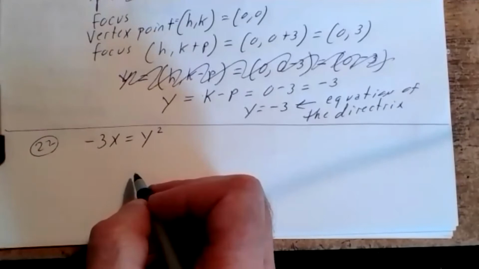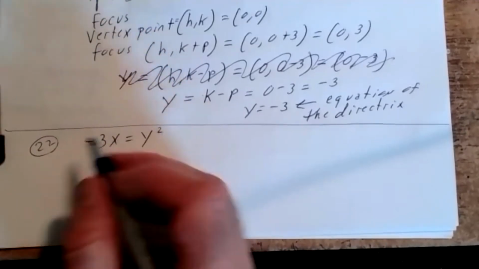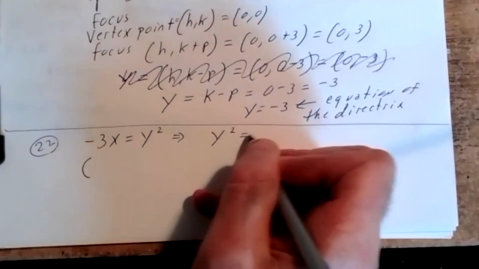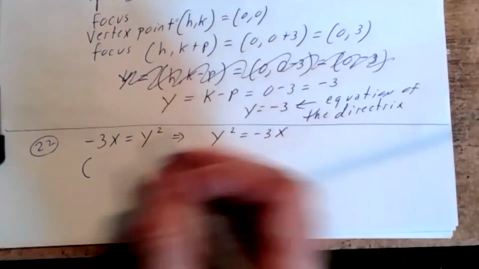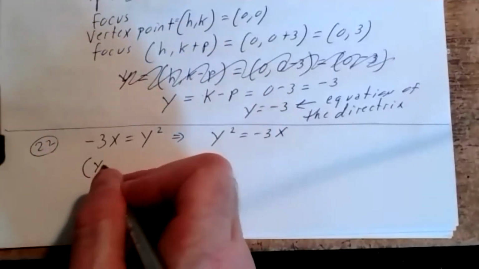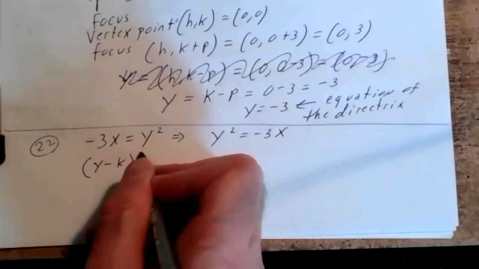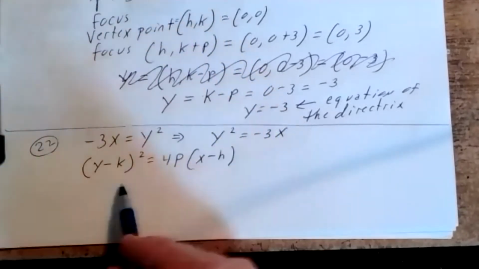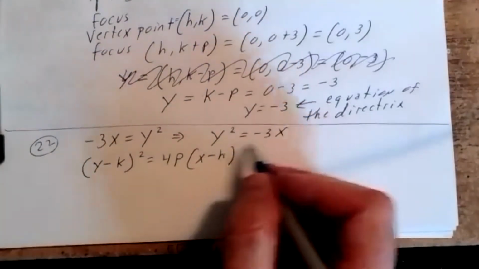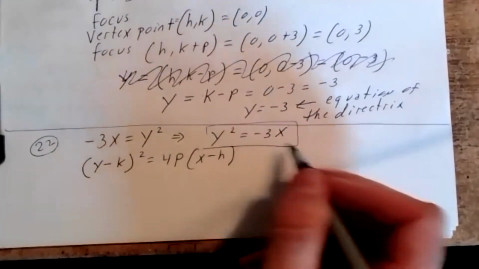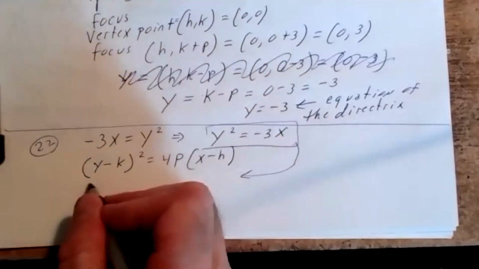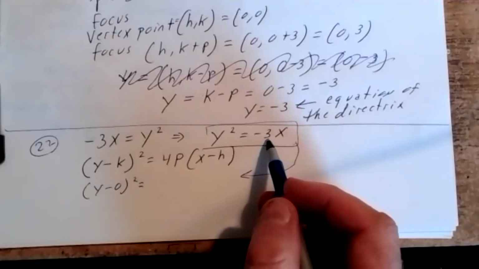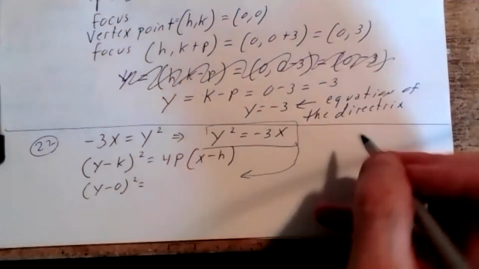To put this in standard form, we could spin the equation around, and it'll look like this. Now in standard form, it's going to be (y minus k) squared is equal to 4 times p times (x minus h). That's standard form for your equation. To put this into standard form here, you would have (y minus 0) squared is equal to, now notice 4p has to be equal to negative 3.